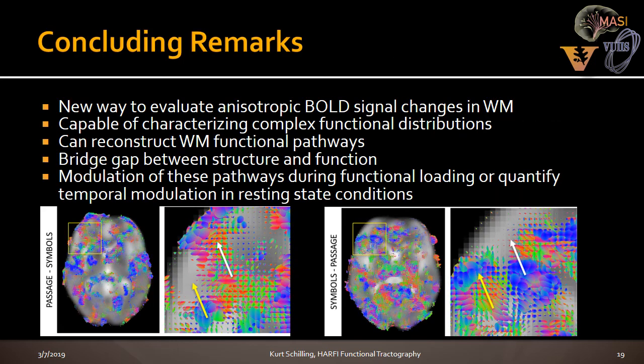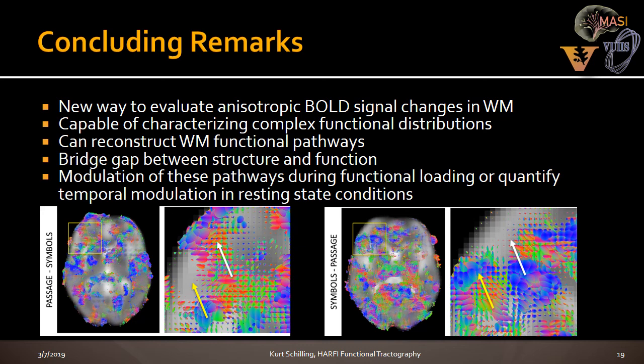So to wrap up, we've presented a new way to evaluate anisotropic bold signal changes in white matter, capable of characterizing complex functional distributions, and also capable of characterizing what may be called functional pathways. These techniques could possibly be used to bridge the gap between structure and function in the brain. And future work should investigate modulation of these pathways during functional loading, or quantify temporal modulation in resting state conditions.